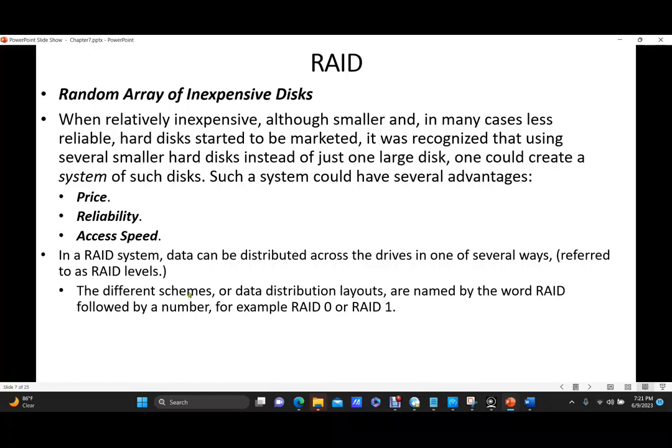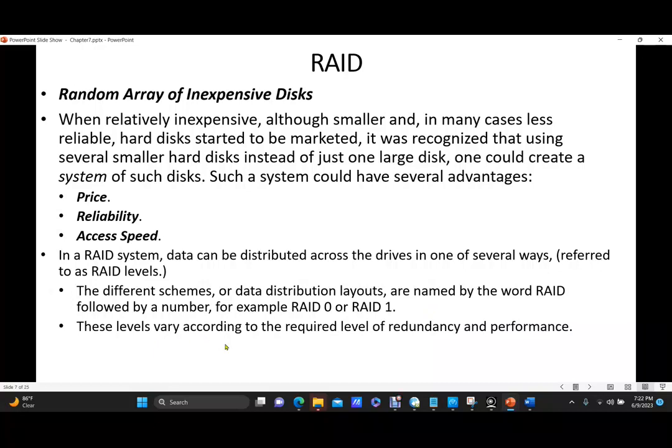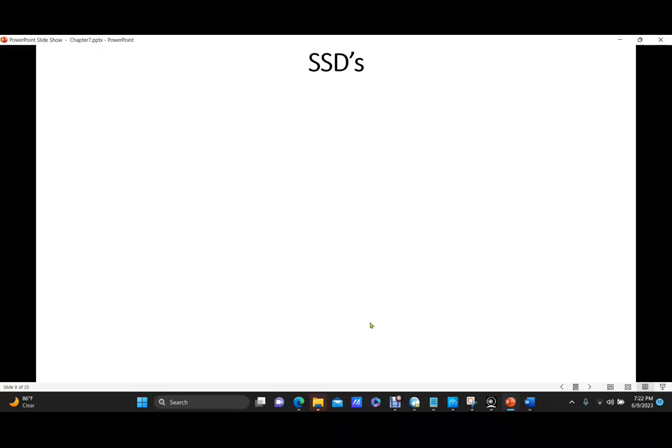In the different schemes, different distribution layouts are named, identified as RAID 0, RAID 1, RAID 2, and so on. These levels vary according to the redundancy and performance.